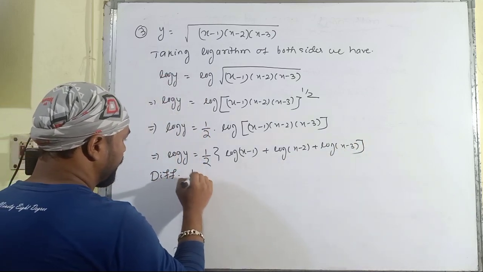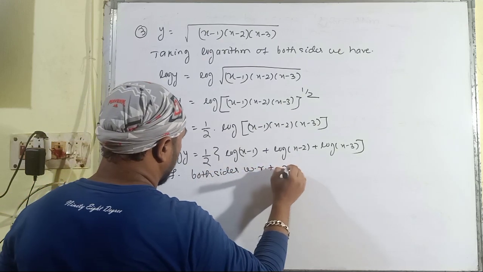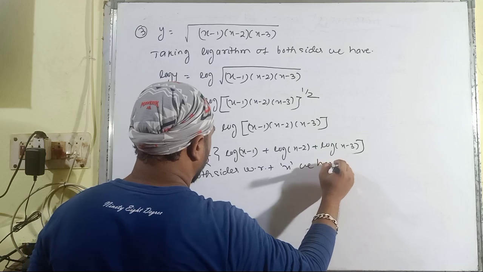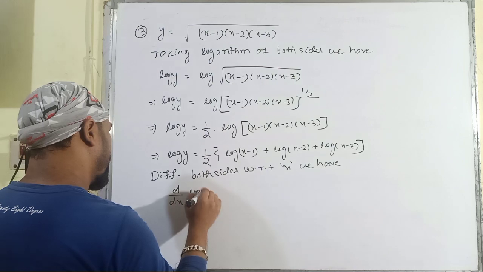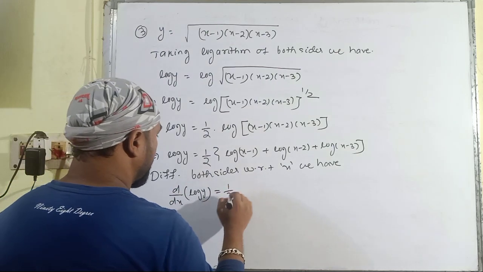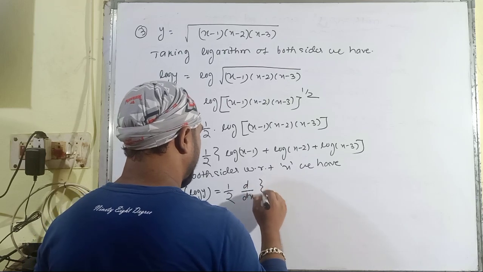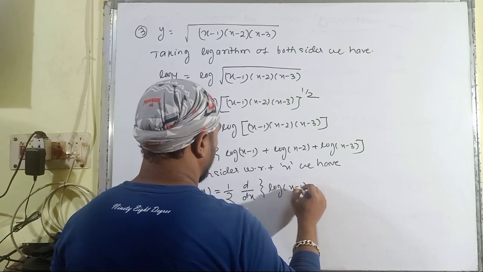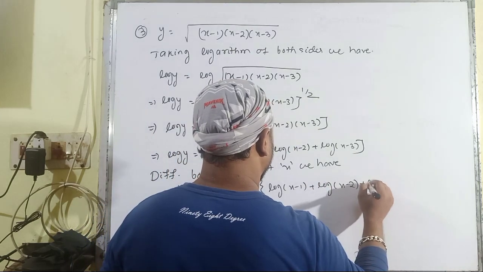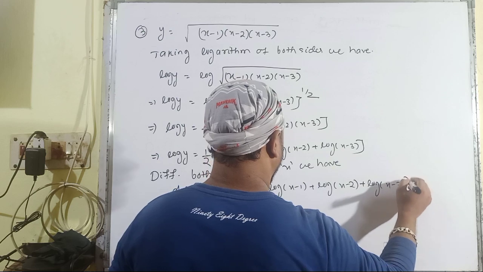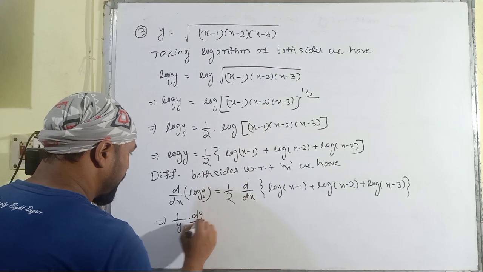Differentiating both sides with respect to x, we have the differentiation of log y with respect to x, that will be half multiplied with the differentiation of [log(x-1) + log(x-2) + log(x-3)]. Then it is (1/y) dy/dx.